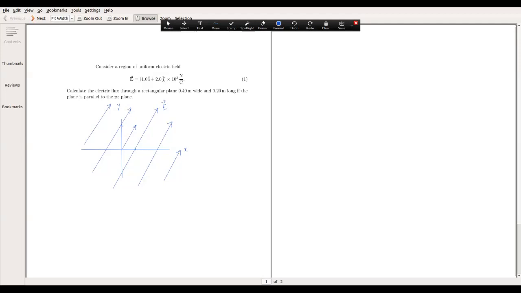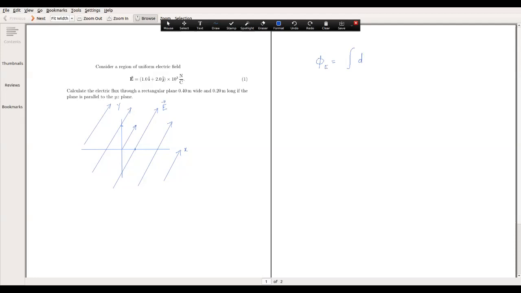And now we would like to think of the flux of the electric field, how much electric field is going through a particular region, and that's quantified by a quantity called electric flux, which is defined to be the integral, a surface integral. So that's two integrals at this point.